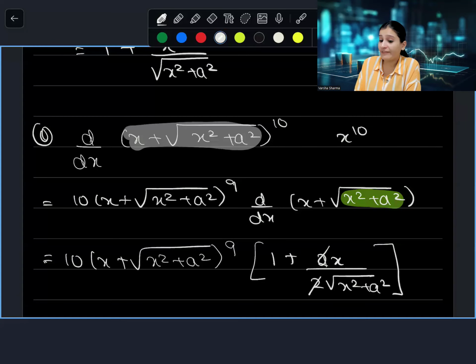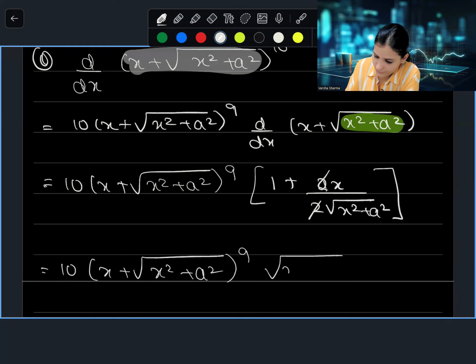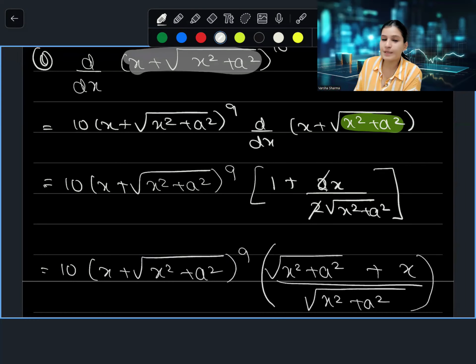In this case, I have to take LCM. So under root x square plus a square plus x. Is this part understood? Now you notice this thing.